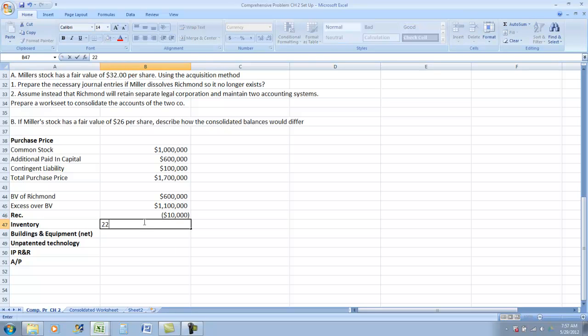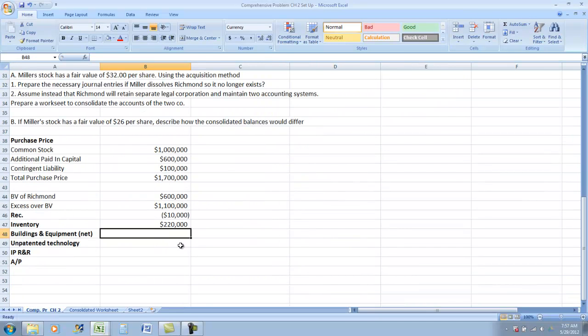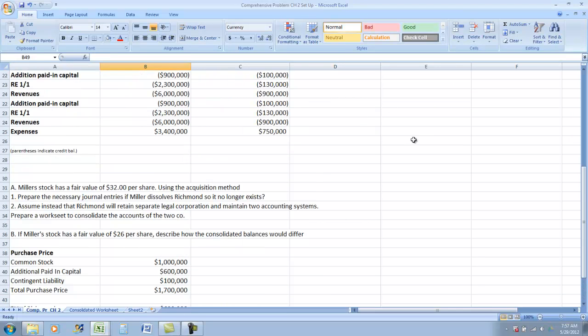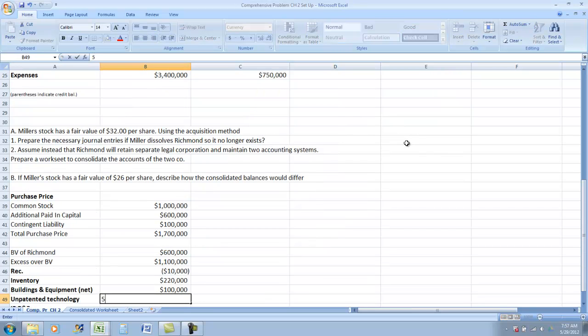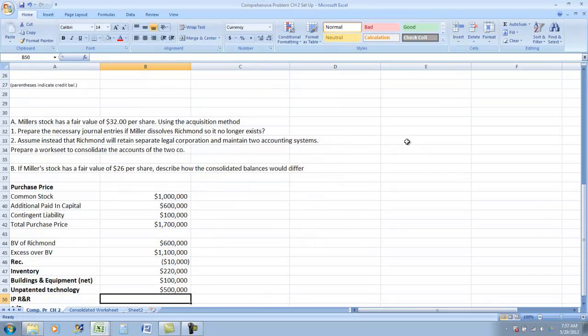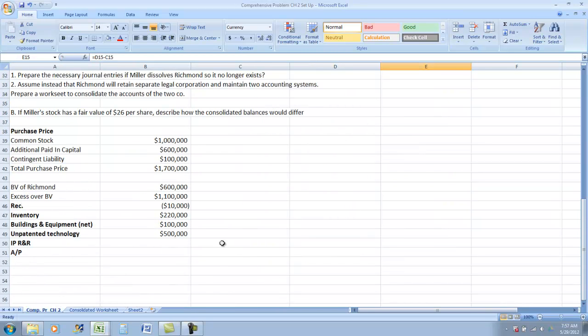And then 220 on inventory. And this is the difference between fair value and book value. 100 on patented technology. 500 in process R&D. 100. And there was no income.